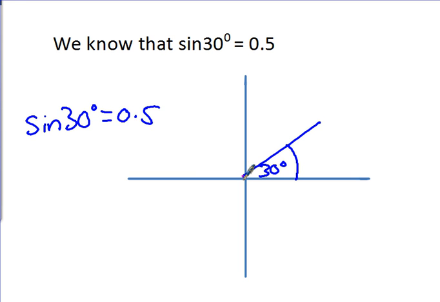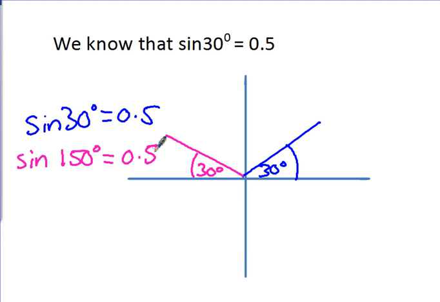I've got a 30-degree angle in the first quadrant, but here, in the second quadrant, is a similar angle. I've still got the 30-degree angle with the x-axis, although it's in a different place. Now, as we know, this isn't actually 30 degrees. This is 150 degrees. But, with what we've just looked at, I know that sine 150 degrees is going to have the same value as sine 30 degrees.